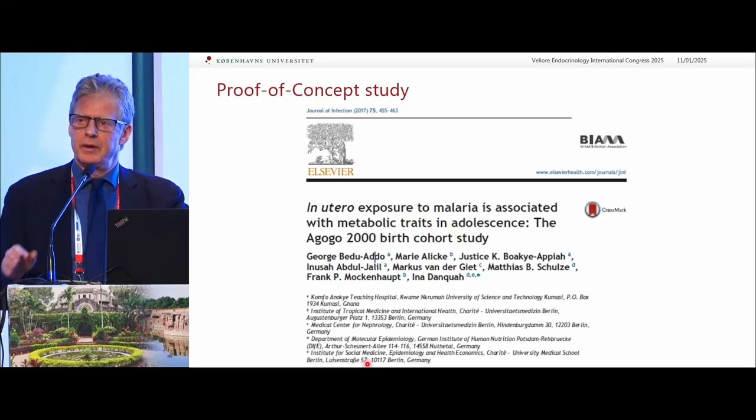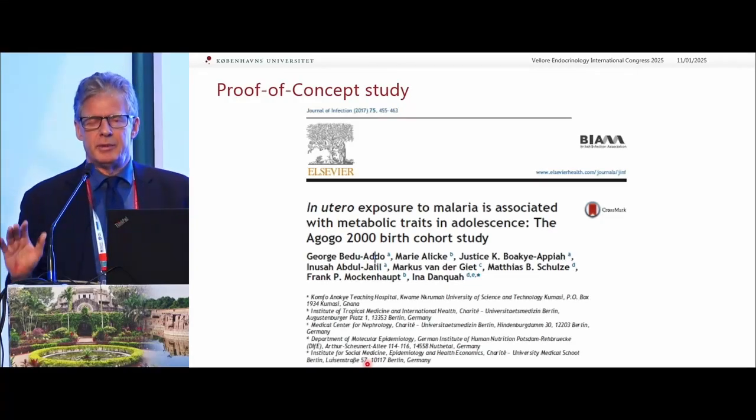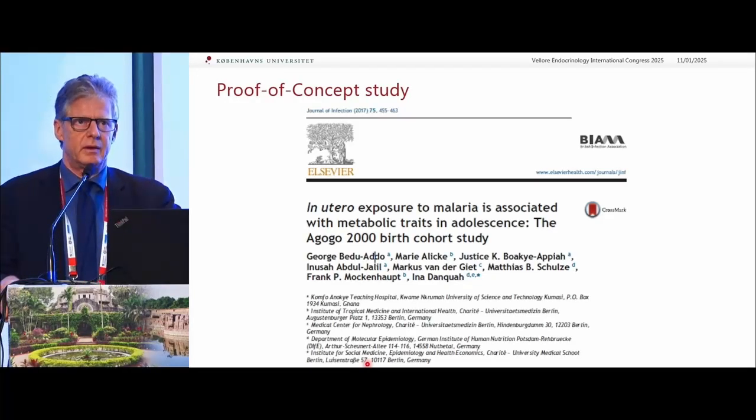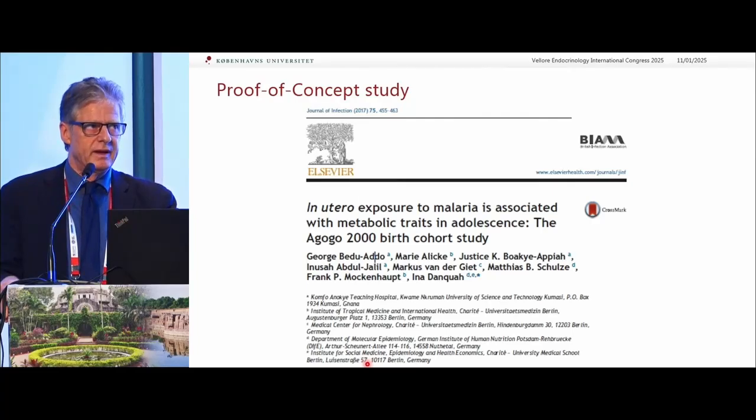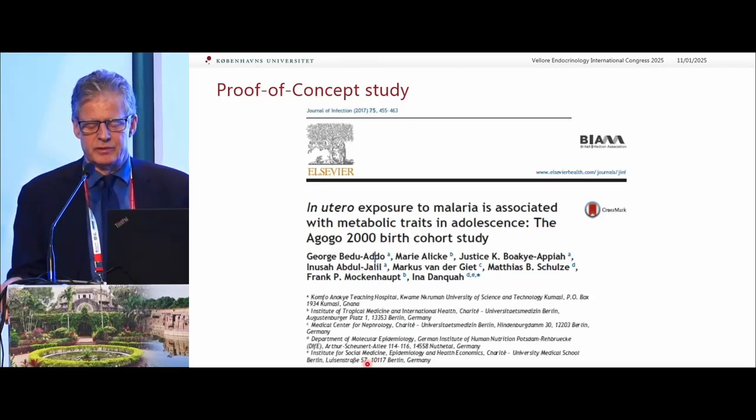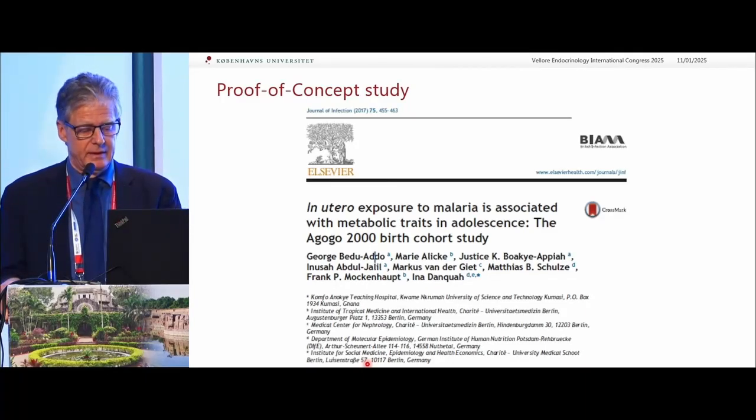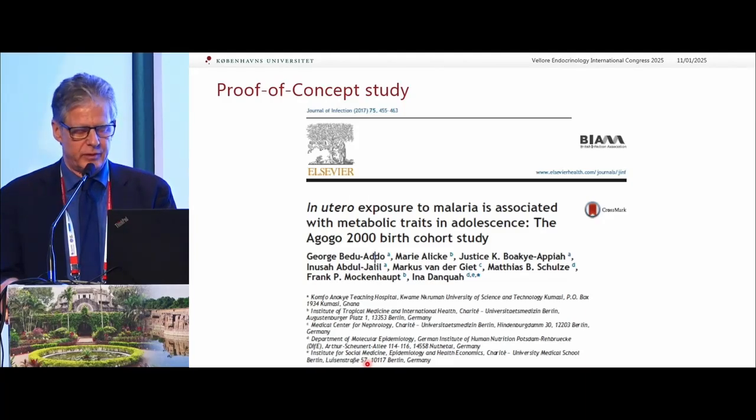The study was in about 150 women and their offspring, and it showed that those who were exposed to placental malaria had increased fasting blood glucose levels compared to those who were not exposed. But when it comes to blood pressure, they couldn't show any difference.